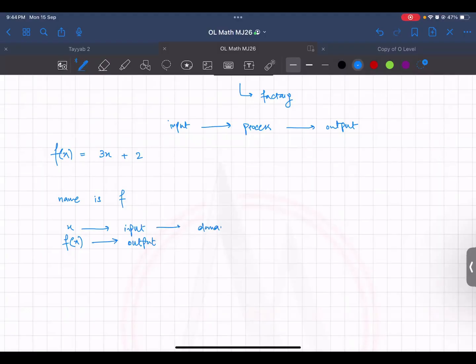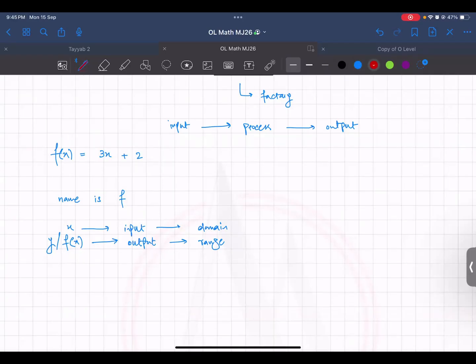We won't call it input or output. We can, but the more mathematically correct terminology is domain and range. The values of x we call the domain, and the values of f(x), which can also be written as y, f(x) or y are the same thing, will be called the range.